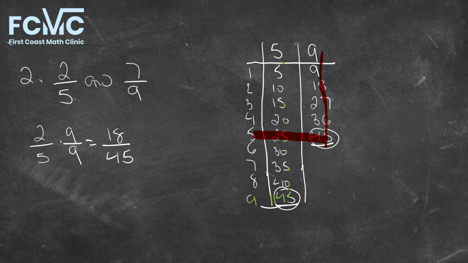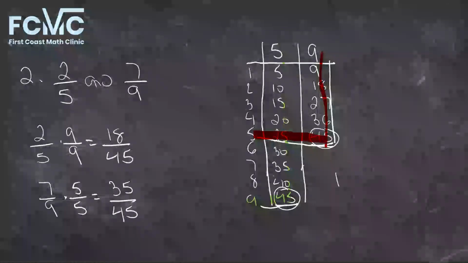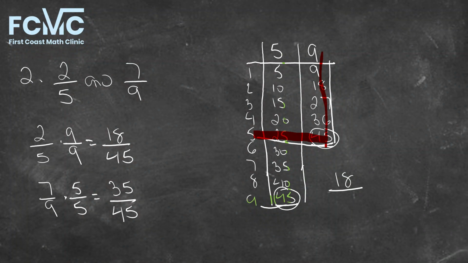And then 7/9, we know we're multiplying 9 times 5, so times 5 over 5, and we get 35 over 45. So our two fractions with common denominators are 18/45 and 35/45, with a common denominator of 45 and 45.